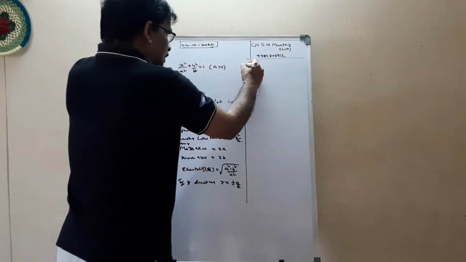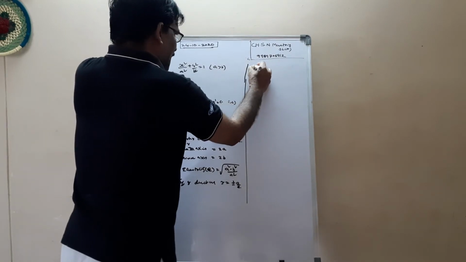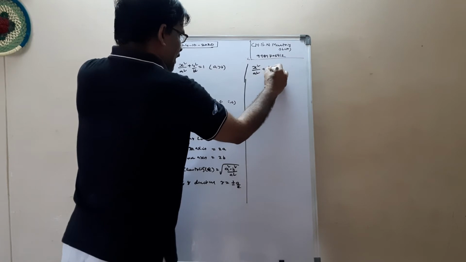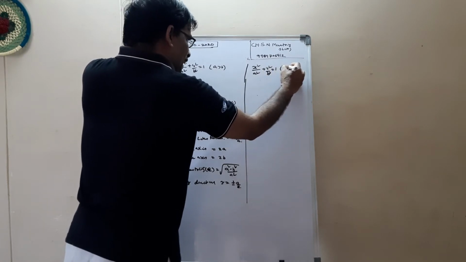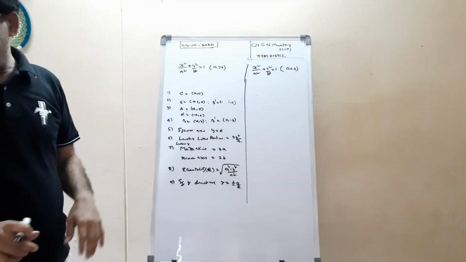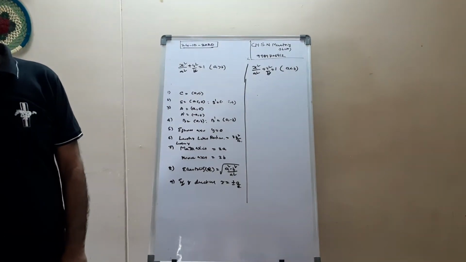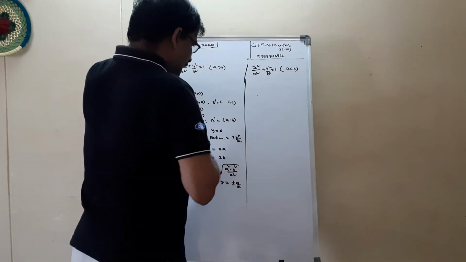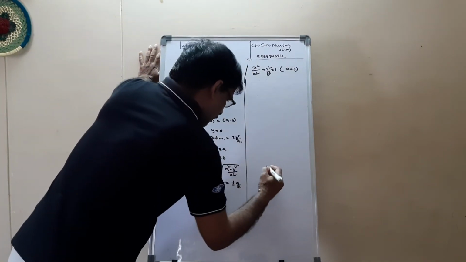Now you take another one, x square by a square plus y square by b square equal to 1, where a is less than b. This is the second one.